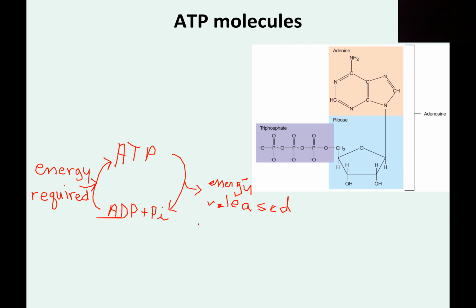Now, of the energy that's released, so this stuff over here, typically we can use somewhere between 10 to 30% is usable.